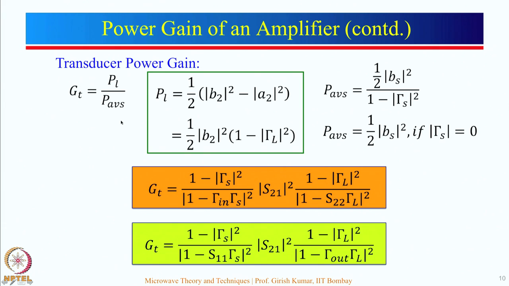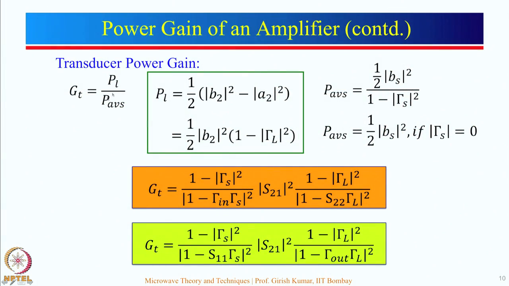What we can do here is find out the gamma input of the device, and then we design an impedance matching network in such a way that maximum power transfer takes place from the source to the input of the active device. So, that is why we are starting with the GT.